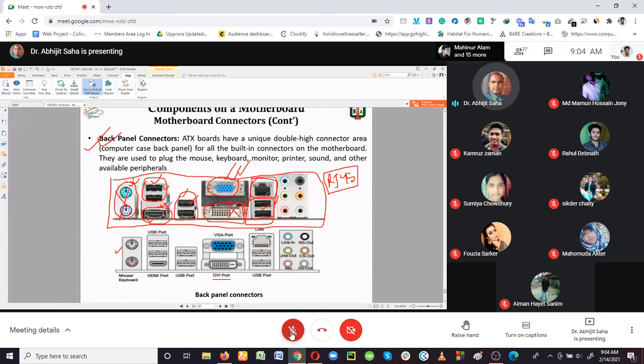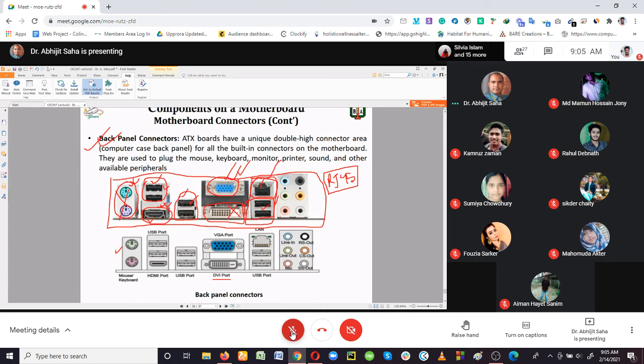LAN stands for local area network, and it is for giving the connection to the internet. If you have an internet connection at home on your desktop computer system, you will see that a cable connector is connected into this port. That gives the connection to the computer and makes the connection with the internet.